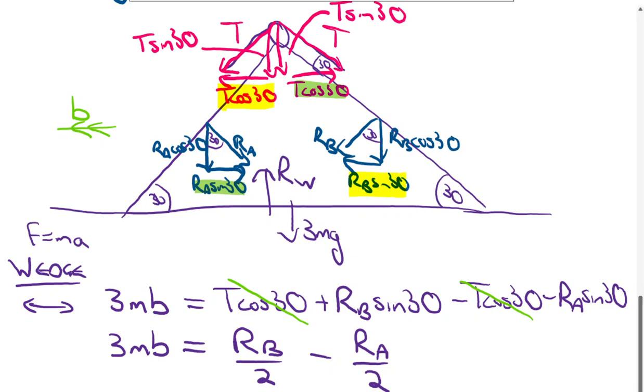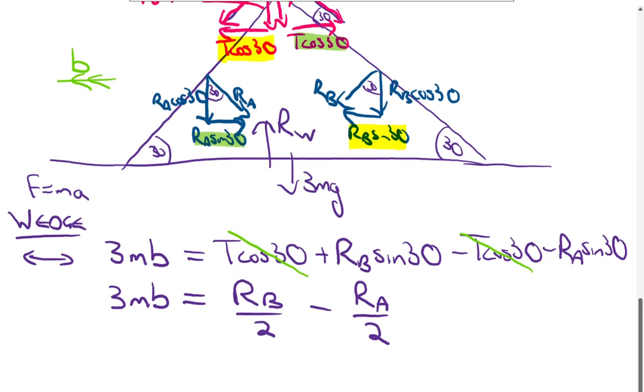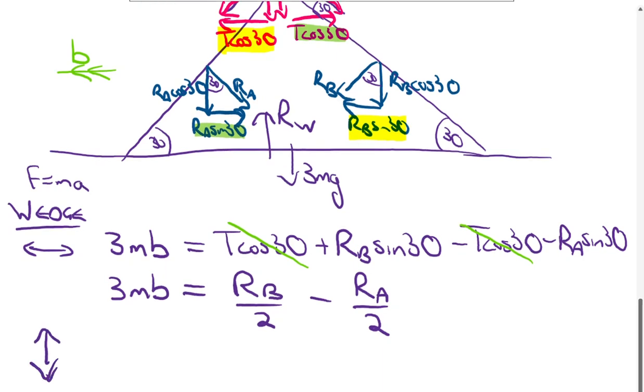But to save time, because I know we want B, I'm just going to stop there with the wedge and see what we need to do for A and B, knowing that I still have the horizontal equation of motion. If for some reason I can't finish the question, I can still go to this one and see what's happening. So we're going to leave that for later if necessary.